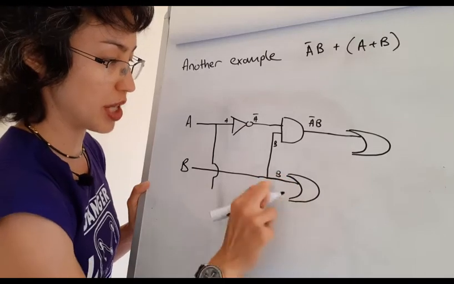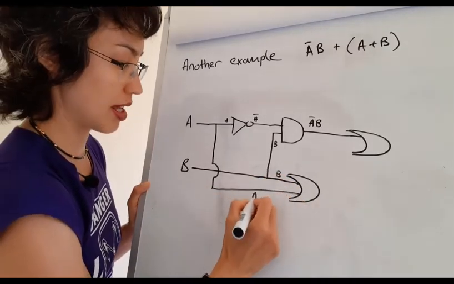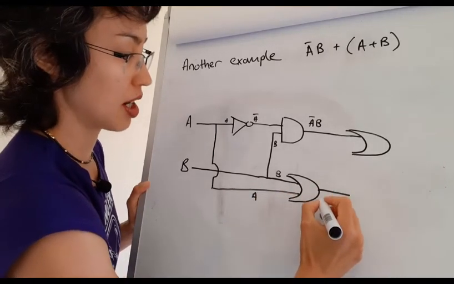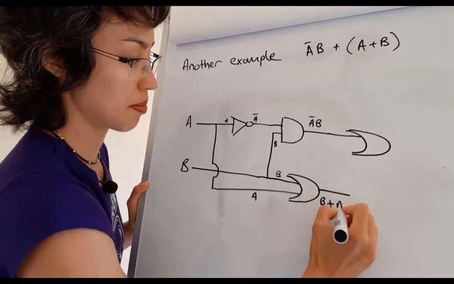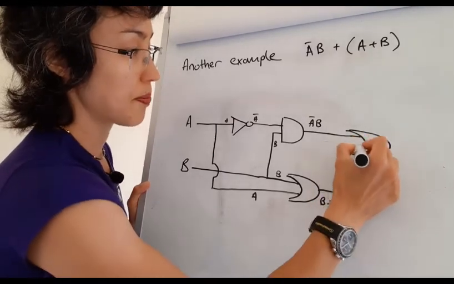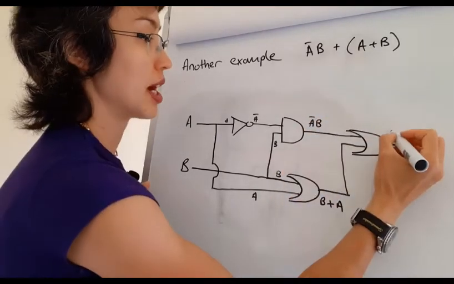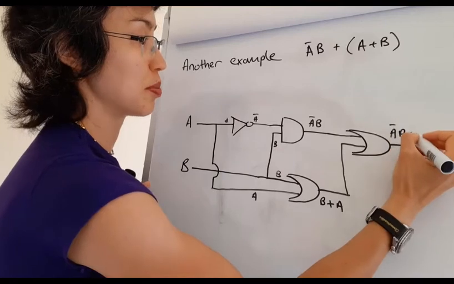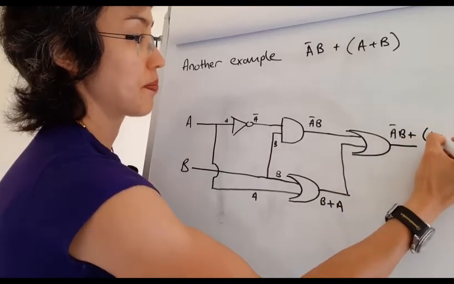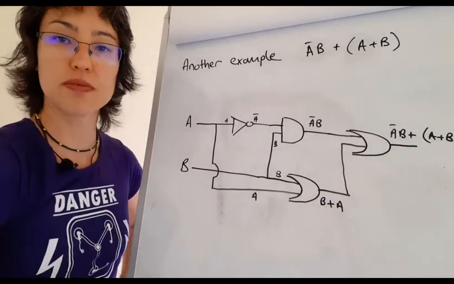So I've got B as one of my inputs, and then I've got A as one of my other inputs. So here coming out, I've got B and A, and here that's my input. So out of here I've now got my not A and B, or because it's an OR gate, coming from here. Doesn't matter which way around I write those.